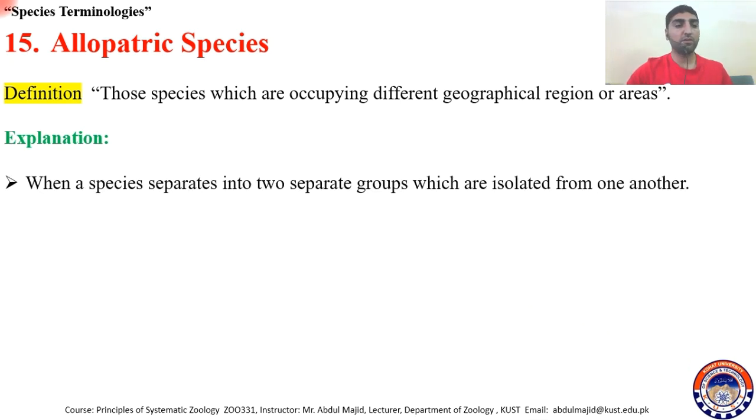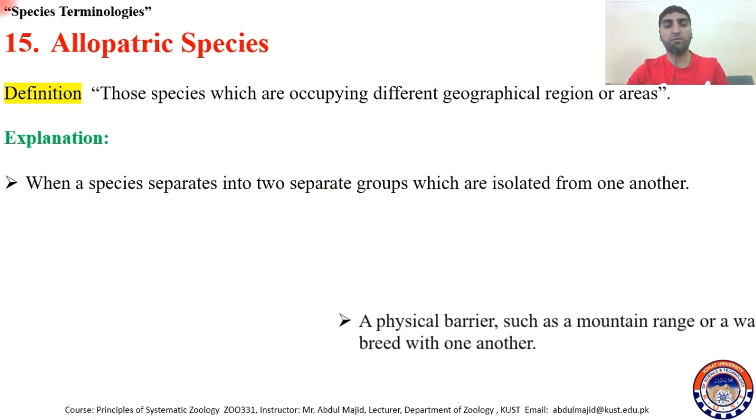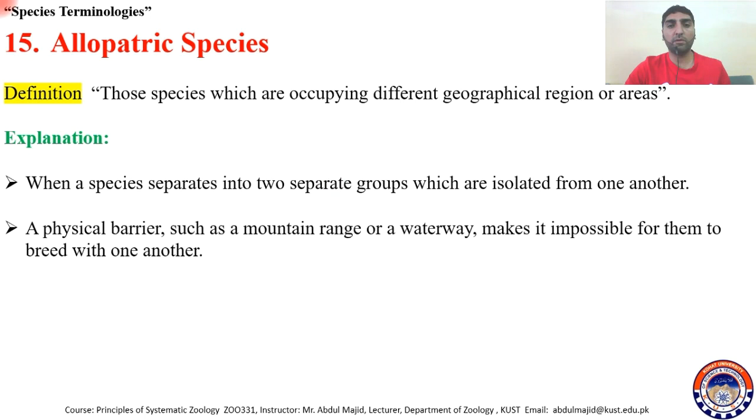So an explanation. When a species separates into two separate groups, for example, if you have a group of species and they are evenly distributed on a certain area, but because of some reason, for example a physical barrier appears between them, like a mountain range or a waterway or some other thing which makes it impossible for them to breed with each other and they become isolated.